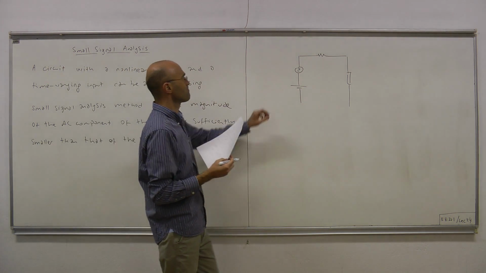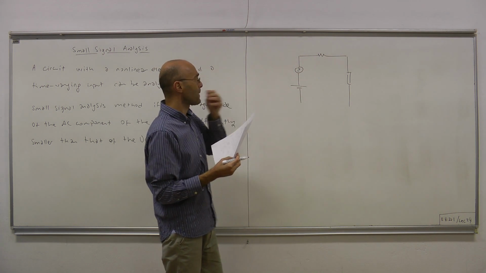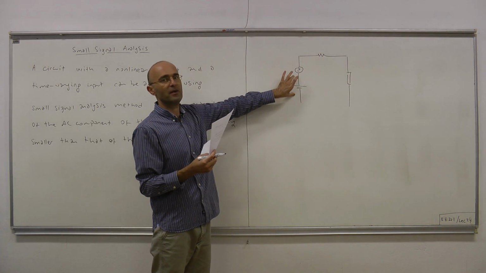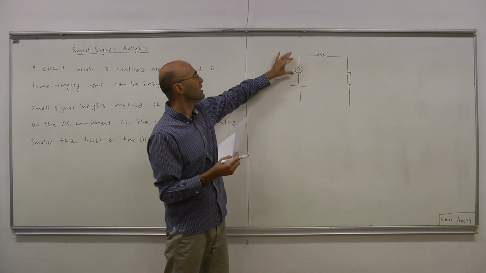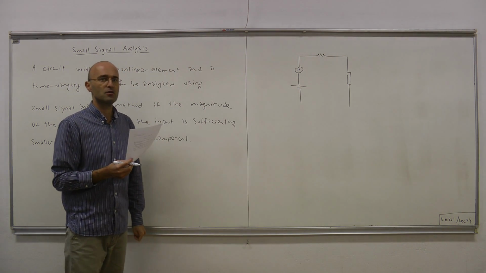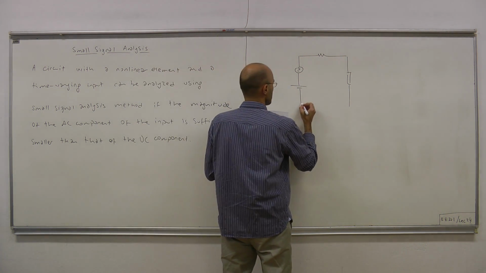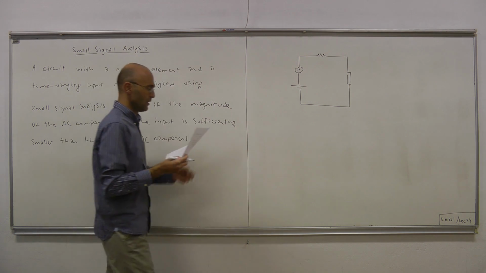And now we represent that independent voltage source as two voltage sources connected in series. One of them is a battery, a constant voltage source that represents the DC component. The other is a time varying source which represents the AC component. And this is the topology that we will study.